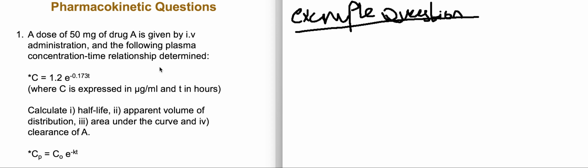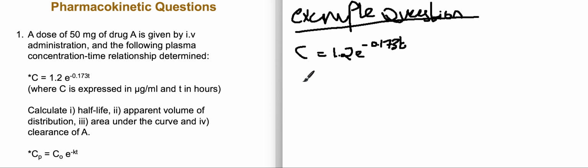This is the equation given to us: C equals 1.2 e to the power of negative 0.173 T, where C is expressed in micrograms per milliliter and T is in hours. So pay great attention to that.